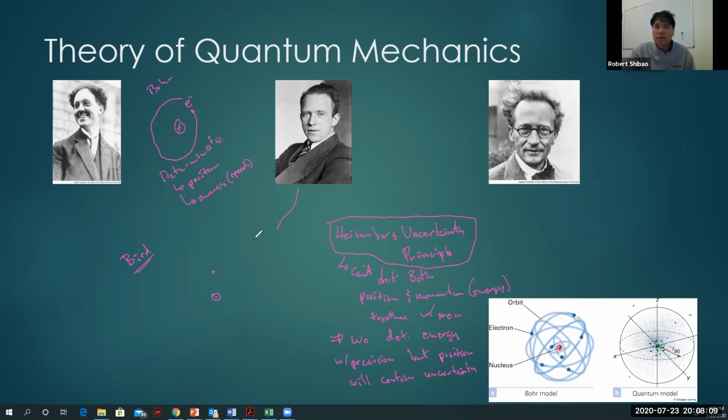And so position is given by Heisenberg. Our end result for Heisenberg is to say this. We know the energy, but the position is going to be given by probability. No position, I mean no energy. No energy. It's a trade-off. We could trade off one for the other, or we can compromise both.